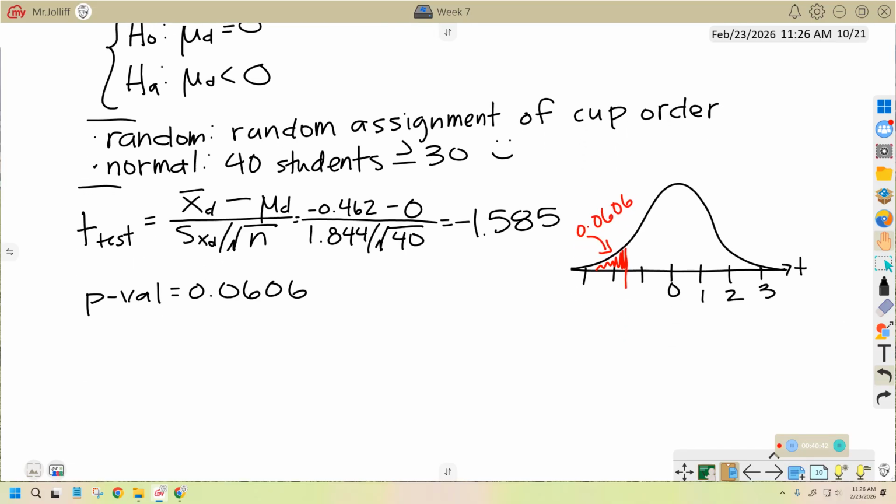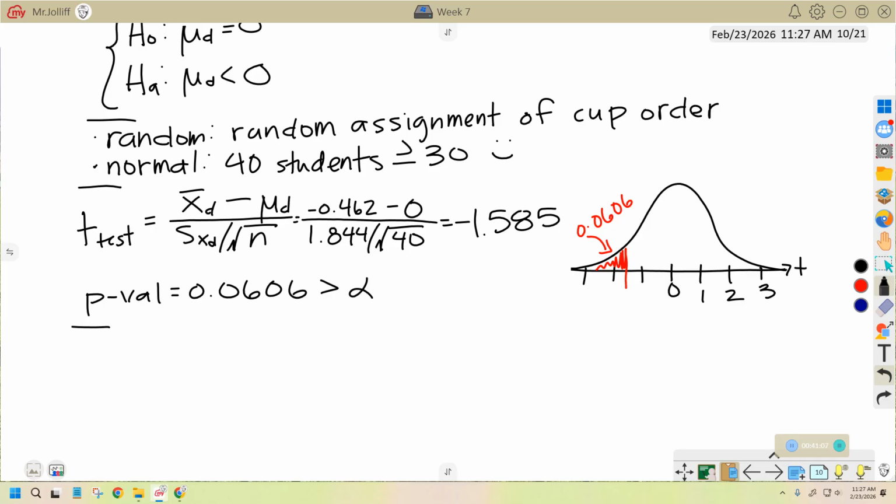Okay, I have one more step, which is my conclude. Before I do my conclude, I'm going to look at my decision. We use the phrase, if the p-value is low, we reject H0. Is my p-value less than my alpha? No, this is greater than 0.05.